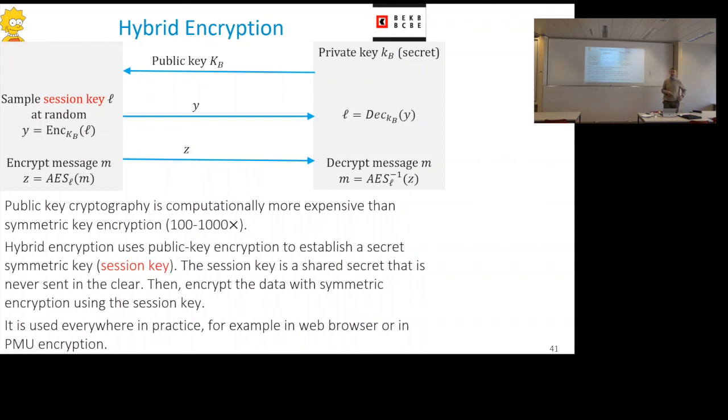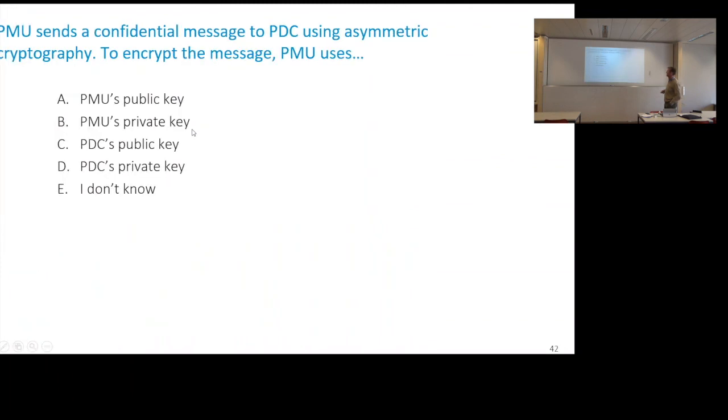So that's a very typical combination that is called hybrid cryptography. We use something expensive to create a secret, and then we use that secret a large number of times. Voilà, this is our first use of private key and public key cryptography, also called asymmetric cryptography.